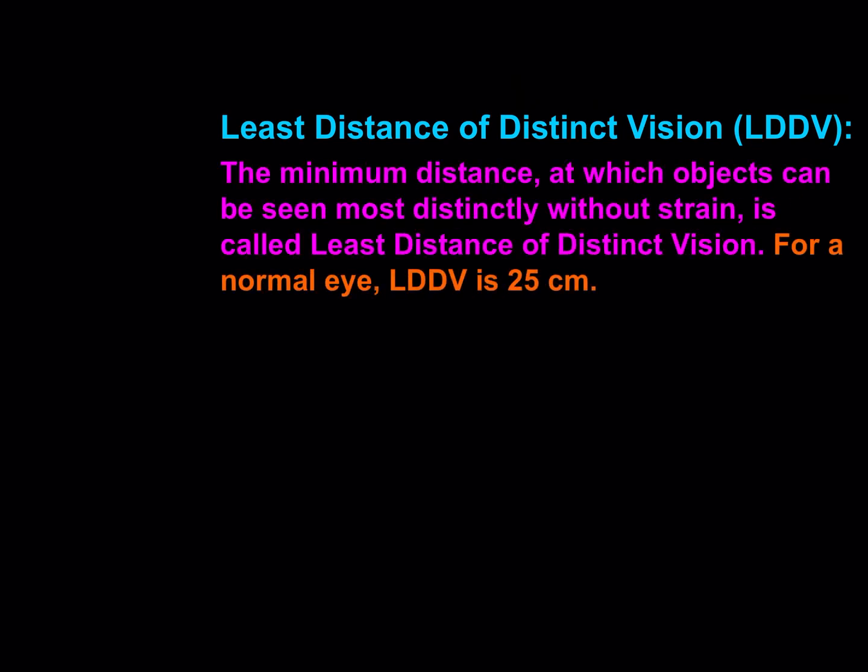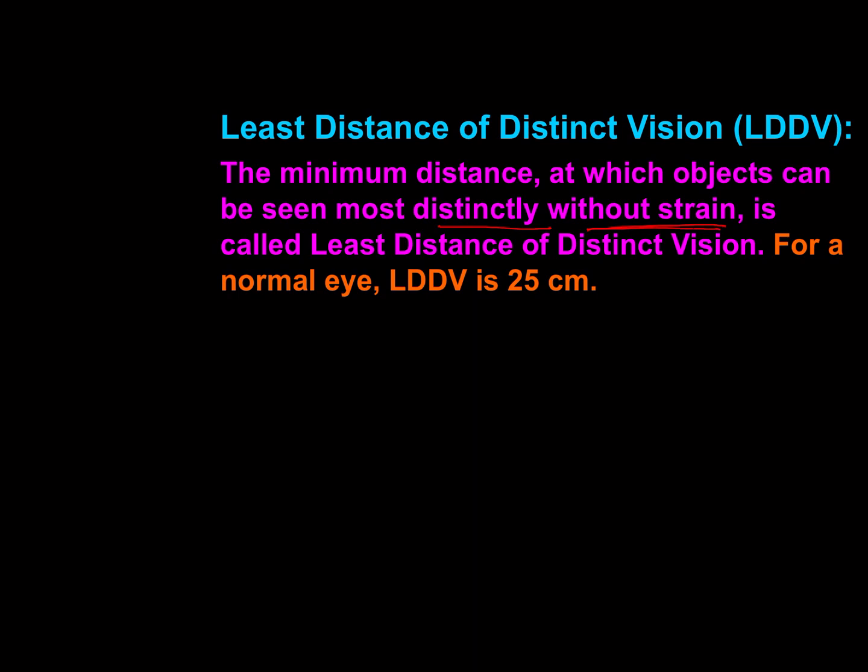Now, least distance of distinct vision, which means how near a point we can see. This is the minimum distance at which objects can be seen most distinctly without strain. Seeing without strain defines the least distance of distinct vision, that is LDDV. For a normal eye, it is 25 centimeters.